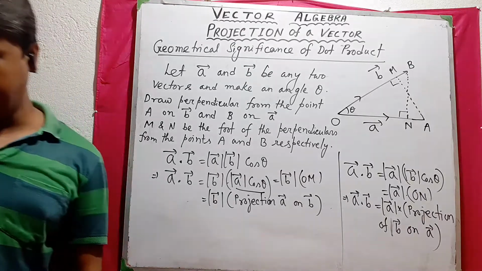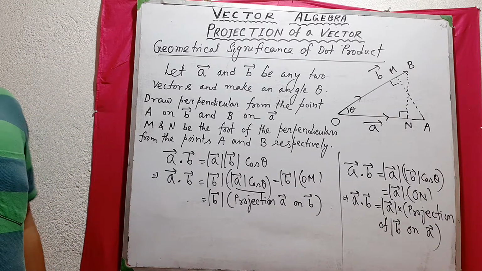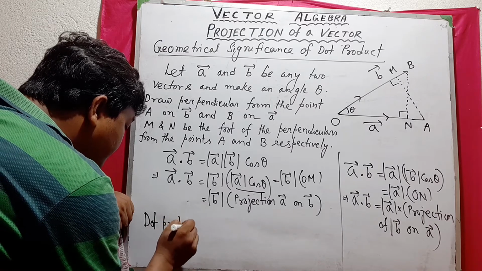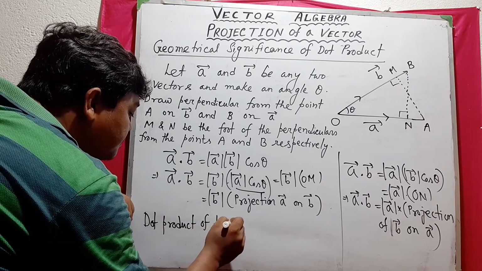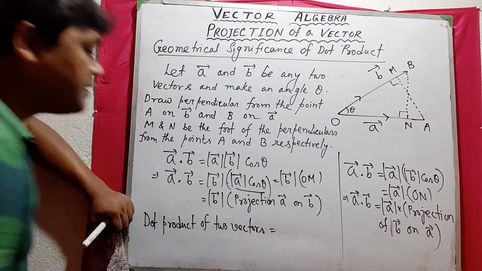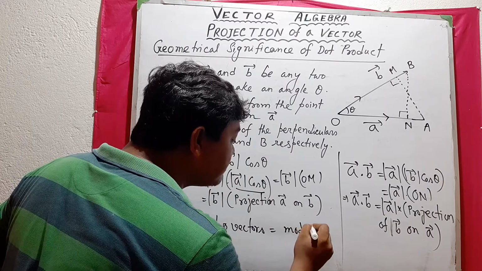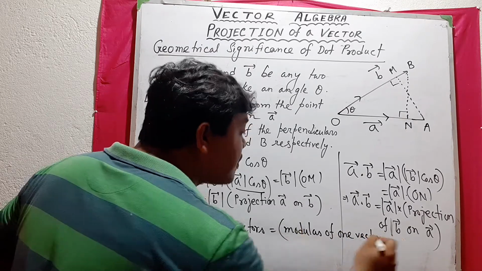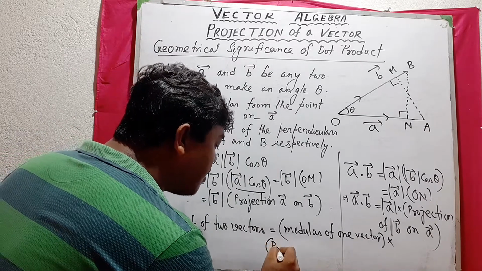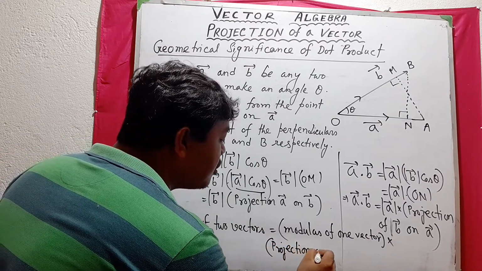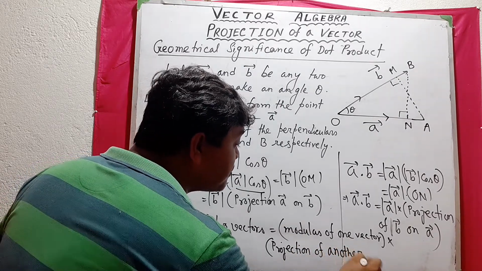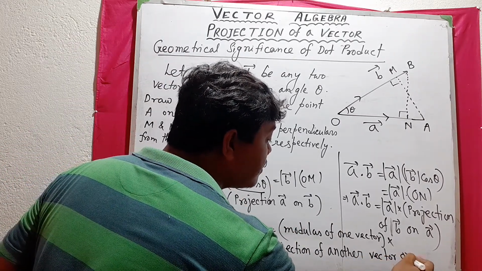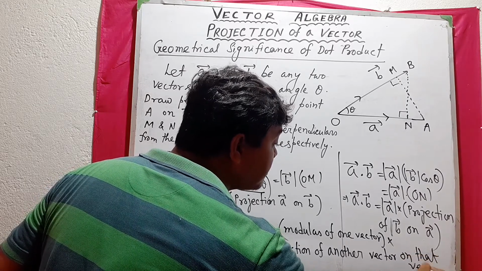That is the geometrical significance of A dot B. So in general, the dot product of any two vectors has the geometrical significance: modulus of one vector into the projection of the other vector on that vector, that is, on the vector we took first.